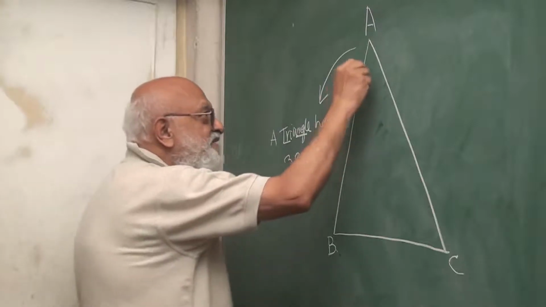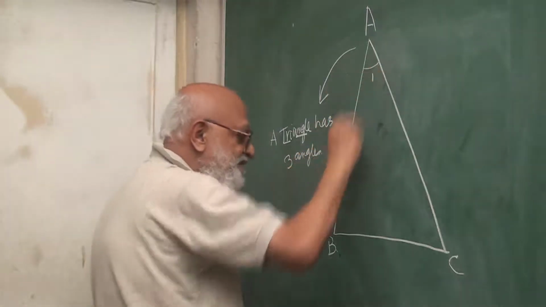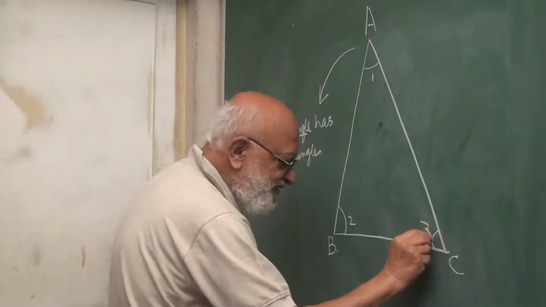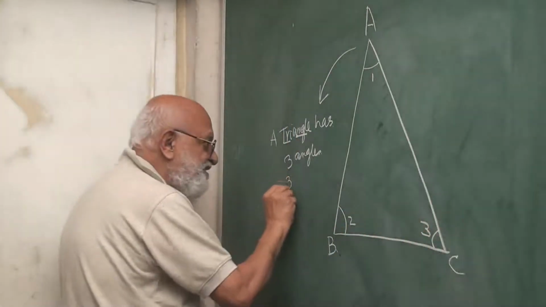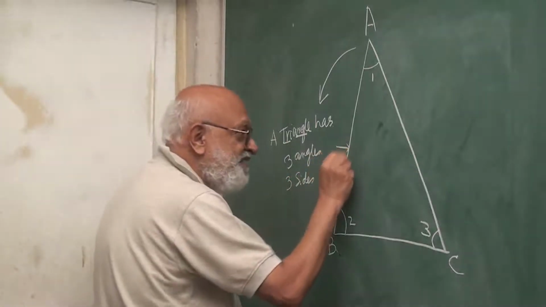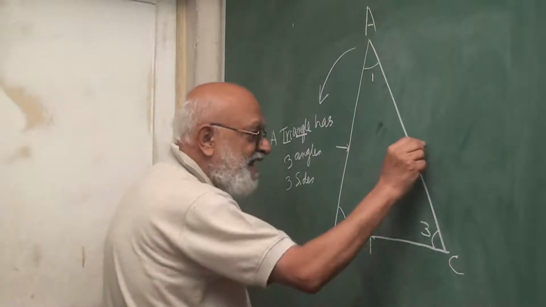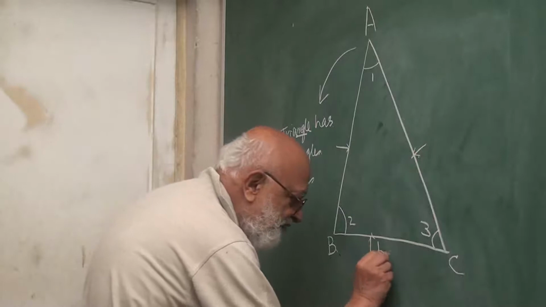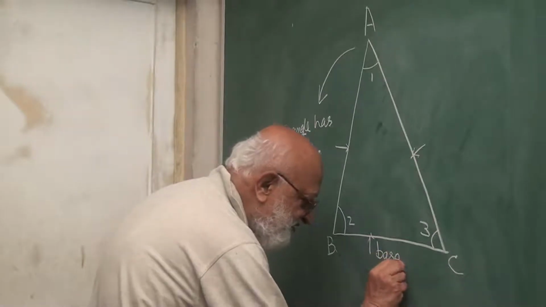Okay, so these are the three angles, 1, 2, and 3. It has got three sides. This side, and this side. This side is generally called a base because it's at the bottom.